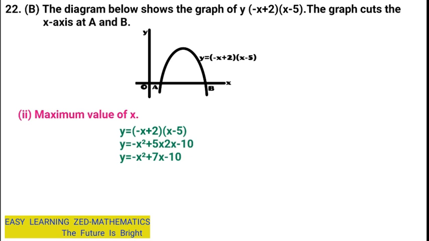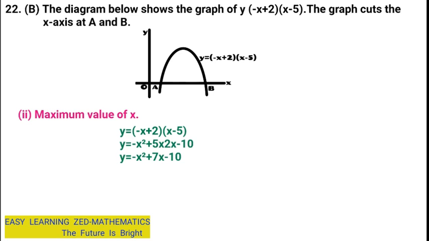I have only added 5x plus 2x. Now I've come up with the expression: negative x squared plus 7x minus 10.